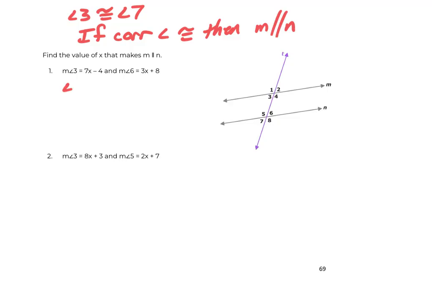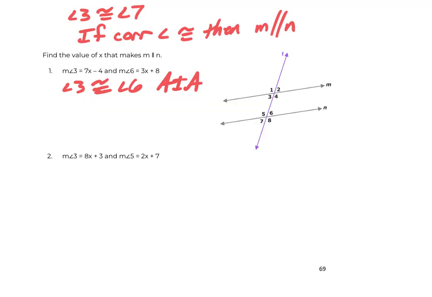Angle 3 and angle 6 are alternate interior angles. And if those lines are parallel, those two angles must be congruent. Right now, we don't know if they're congruent, but we want to force it to be congruent. We want to prove that M and N would have to be parallel. But we got to find the value of x.